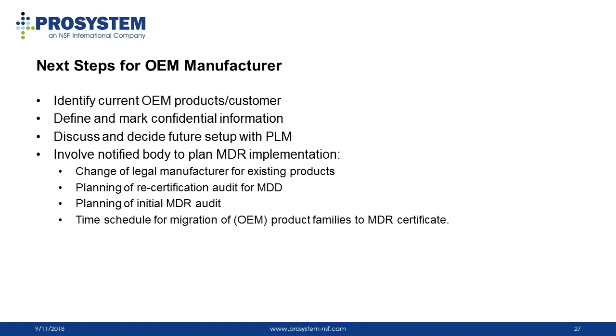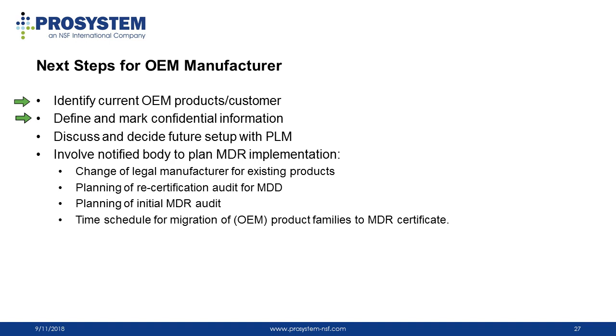So what would be your next steps if you are an OEM manufacturer and you've got some of these situations right now? If you haven't done so far, you have to identify your current OEM products and your OEM customers, so the private label manufacturers, and make sure that you've got all the details available.